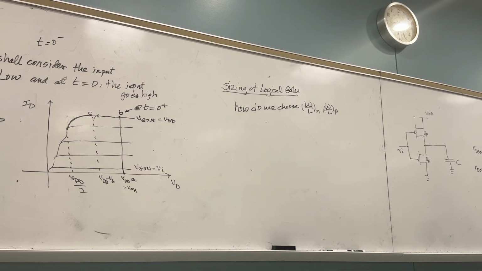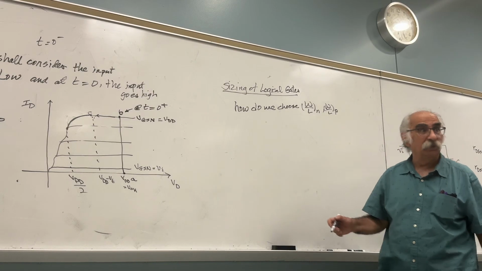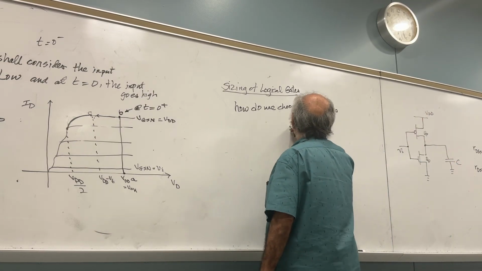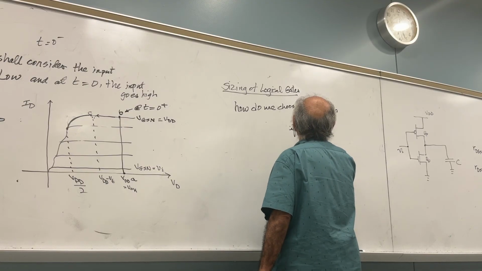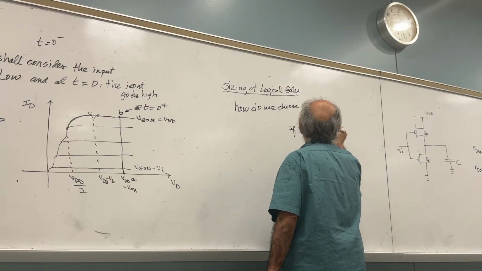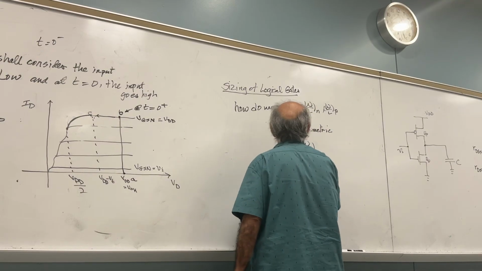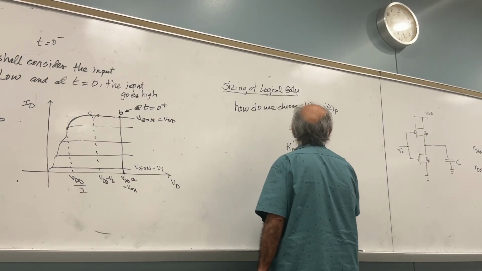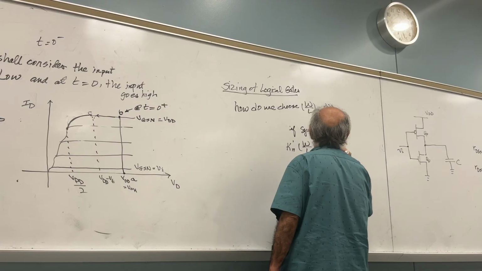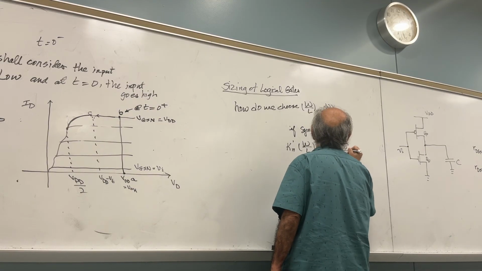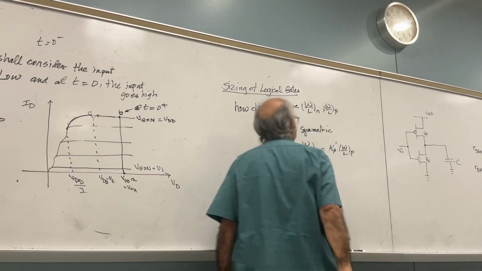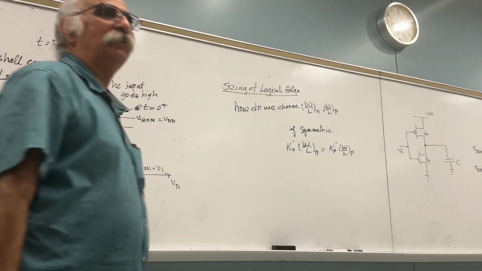Now, let's see if you can help me here. Remember, if symmetric, W over L N, Kn prime is Kp prime, P. Clear so far?